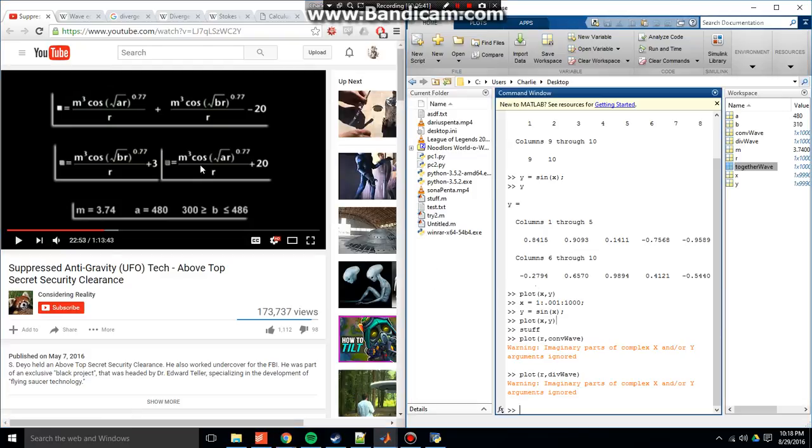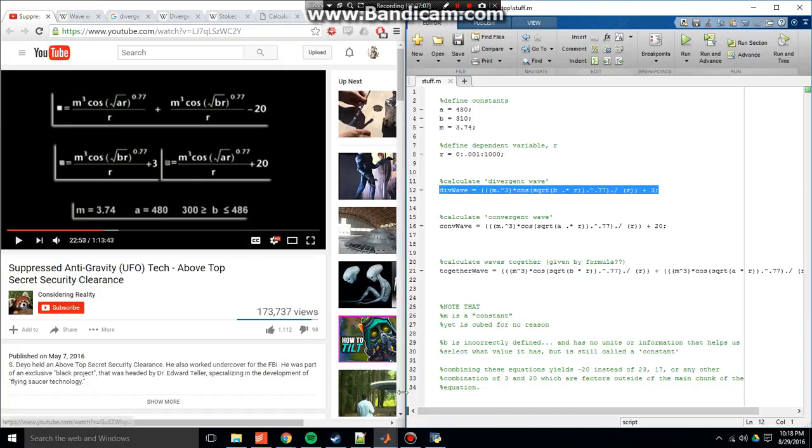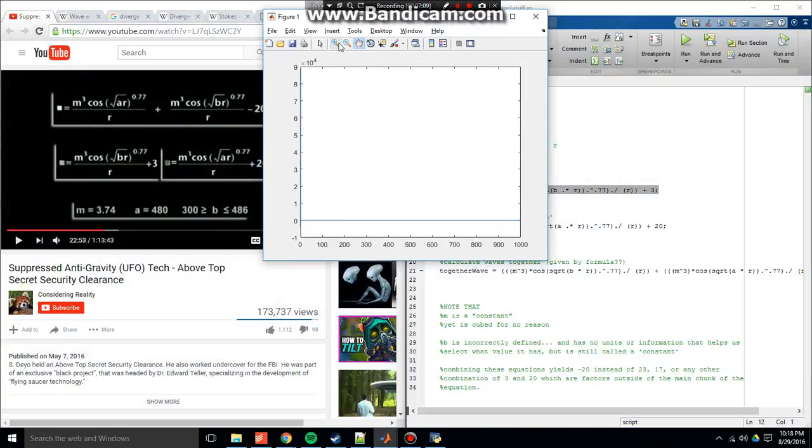Anyway, so let's just give him one more chance here. Let's say that adding these 2 things makes it somehow magical. So let's plot R versus together wave. And oh, by the way, there's some imaginary parts of the complex X that are ignored here because R is defined strangely. Anyway, go over to figure 1. And guess what?